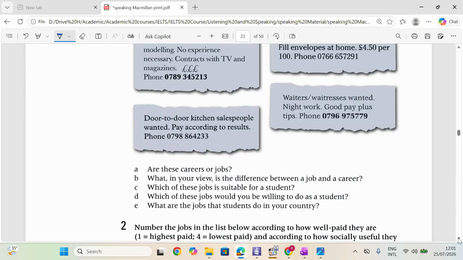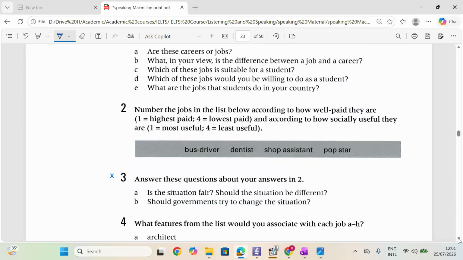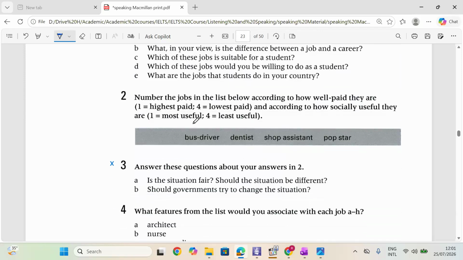Let's move on to the next exercise. For numbering the jobs, we have four jobs here: bus driver, dentist, shop assistant, and pop star. We need to number the jobs in the list below according to how well paid they are, one being the highest paid and four being the lowest paid, and according to how socially useful they are, one being the most useful socially and four being the least useful socially.